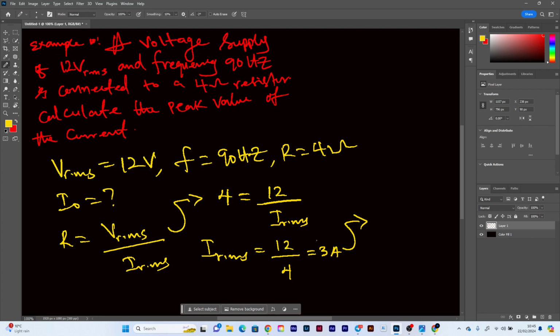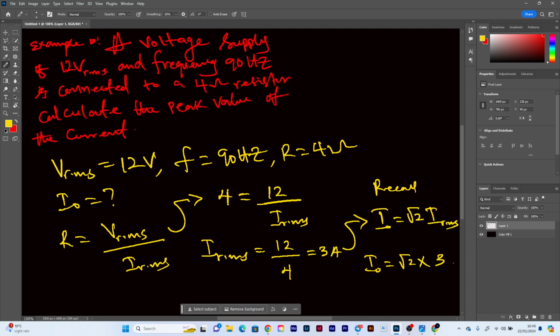So let's recall that peak current is equal to root 2 times the root mean square current. Am I right? So the peak current is going to be root 2 multiplied by 3. I have a new calculator.